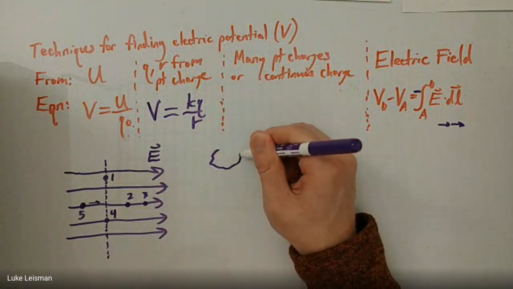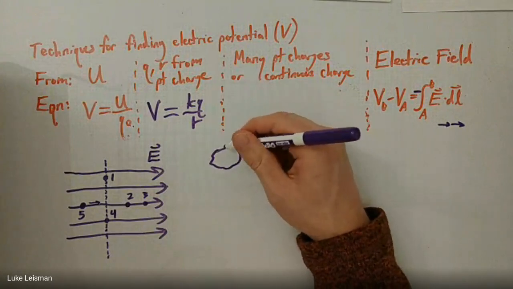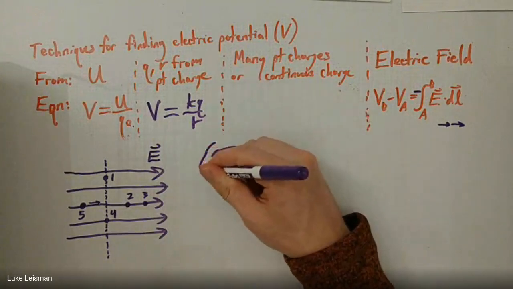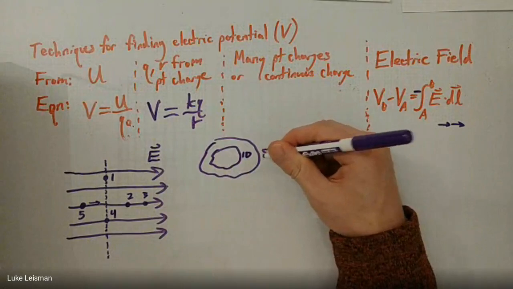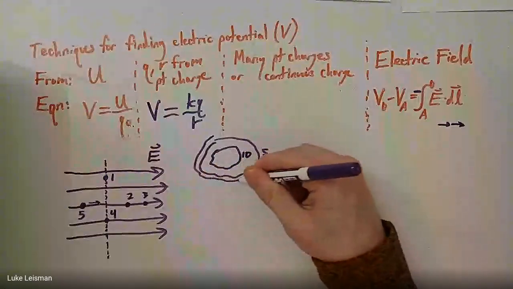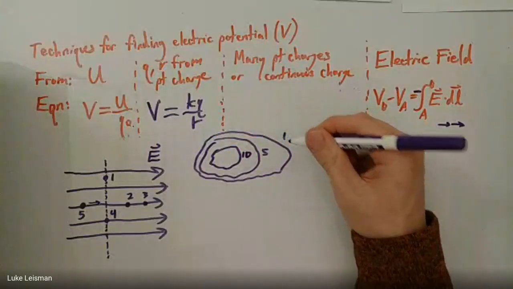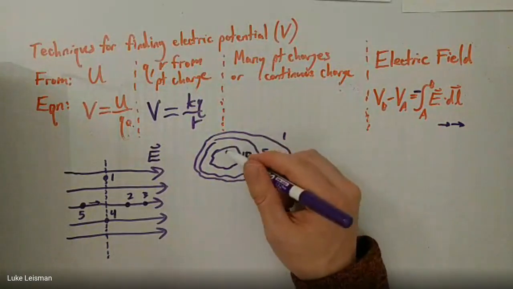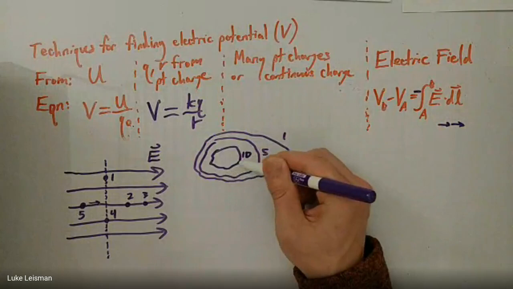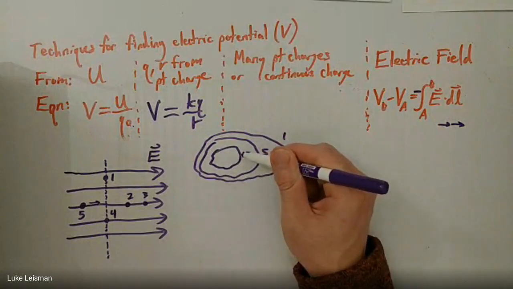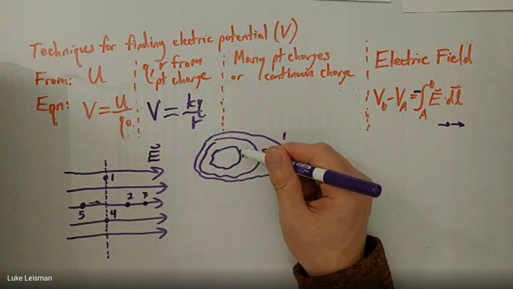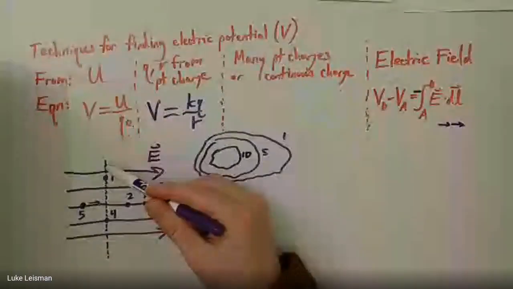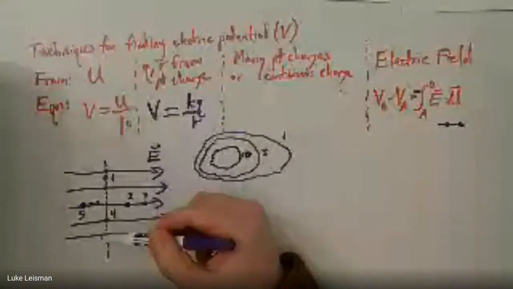Maybe you've seen a map where they say maybe this is 10 feet and this is 5 feet, and maybe here is 1 foot. And this would map the height of the hill. So all these contour lines are lines at the same height. Those would be equal height lines, because it's all the same height. And here, this would be a line of equipotential.